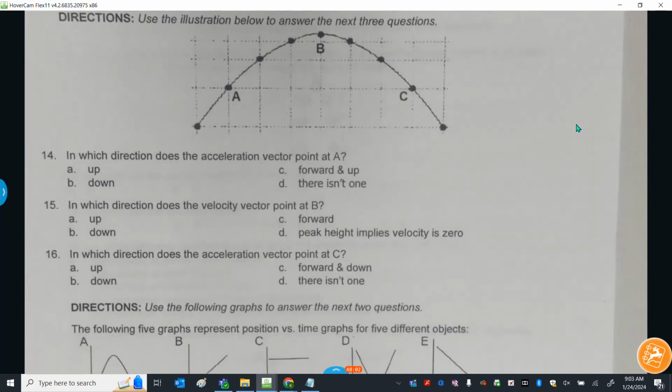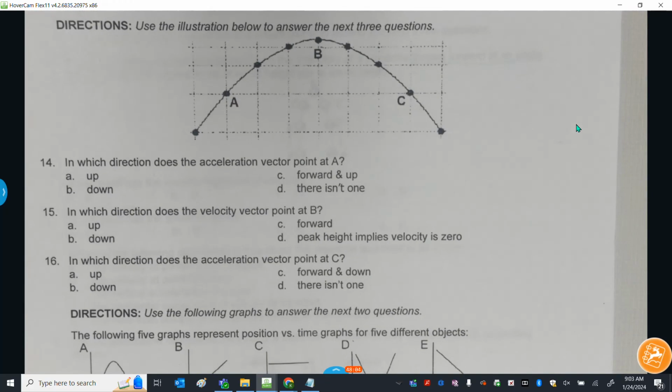All right, this is for the next 3 questions. So again, if you don't have Form A, you can look for this for numbers 14, 15, and 16. Number 14 says, in which direction does the acceleration vector point at point A? Okay, at point A, well, at all these points actually, you have acceleration due to gravity, and that's it.